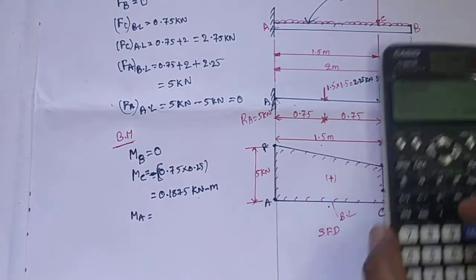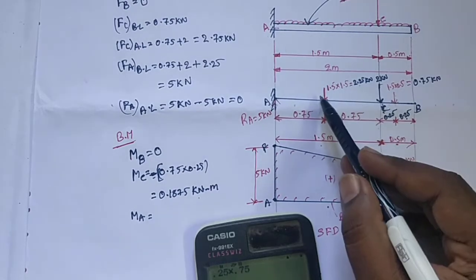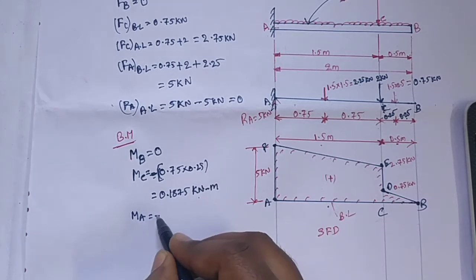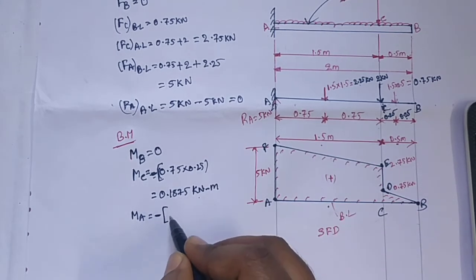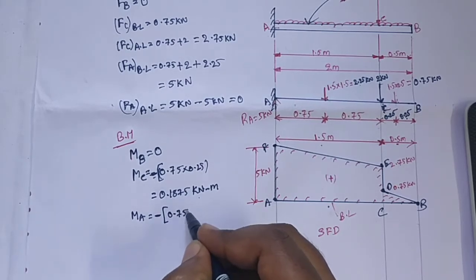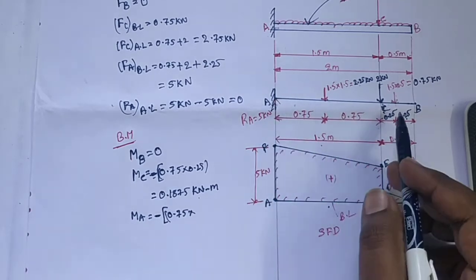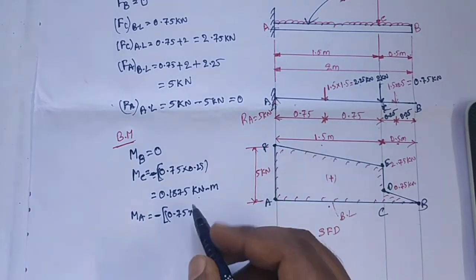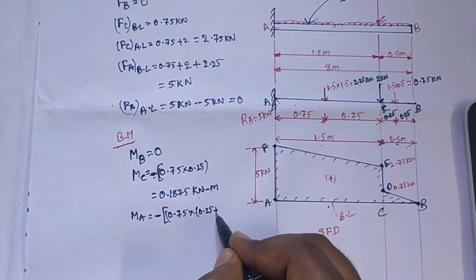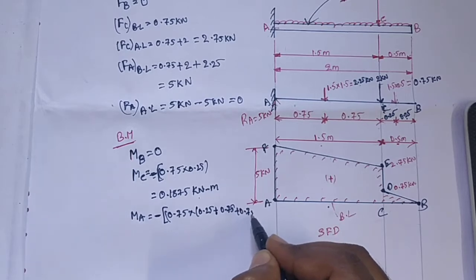Here bending moment at point A means right side of point A having a total of 3 loads. Okay, we have to calculate for every load. First place minus, of the first load is 0.75 into distance from 0.75 to point A, having 0.25 plus 0.75 plus 0.75.